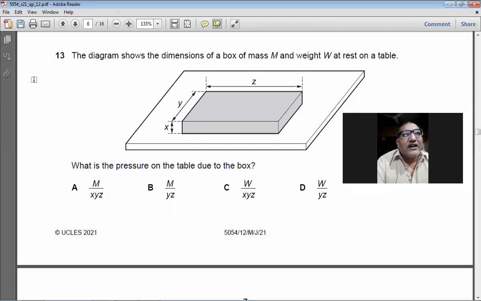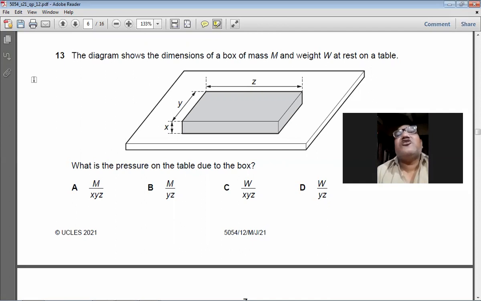The contact area of the box with the table is Y multiplies Z, length multiply width, and the weight is W. So the pressure of that box on the table will be W divided by YZ.